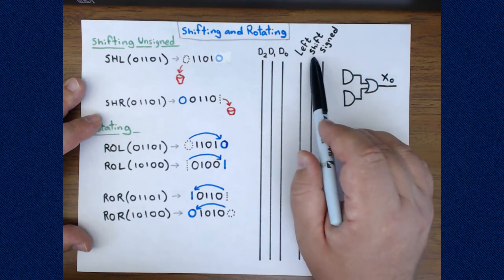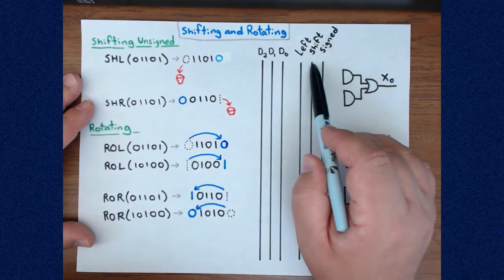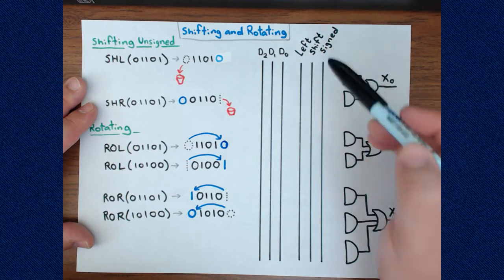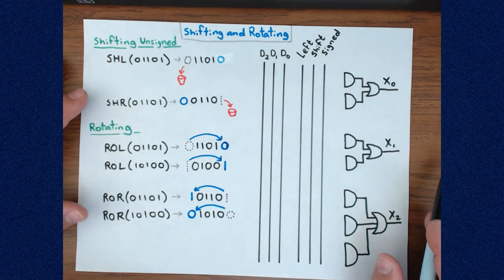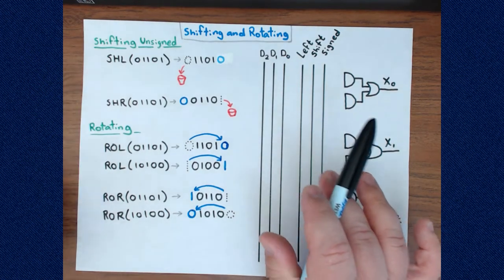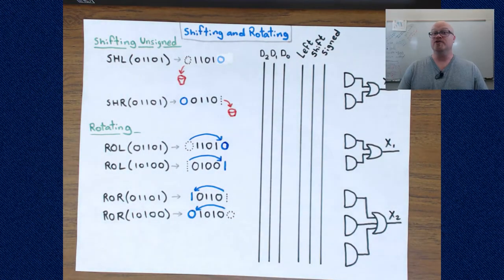Another control pin is the shift pin. If there's a 1 on the shift pin, we are shifting. If there's a 0 on the shift pin, then we're rotating. The sign bit indicates whether or not this is a signed operation, which really only matters under the circumstance that we're doing a right shift.